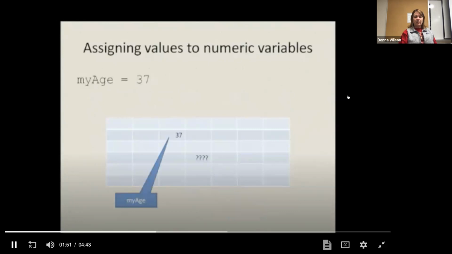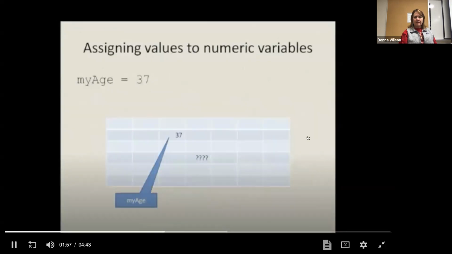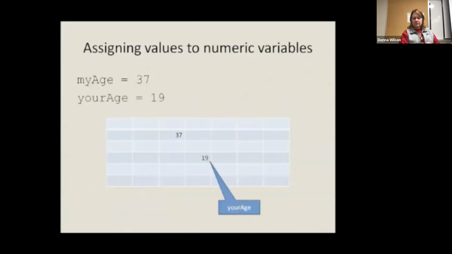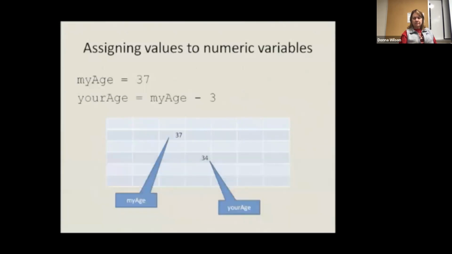After you've declared variables, you can change the values stored there by assigning a new value to them. For example, my age equals 37, assigns 37 to my age. And your age equals 19, puts a 19 where the garbage used to be in your age. You can do arithmetic. Your age equals my age minus 3.